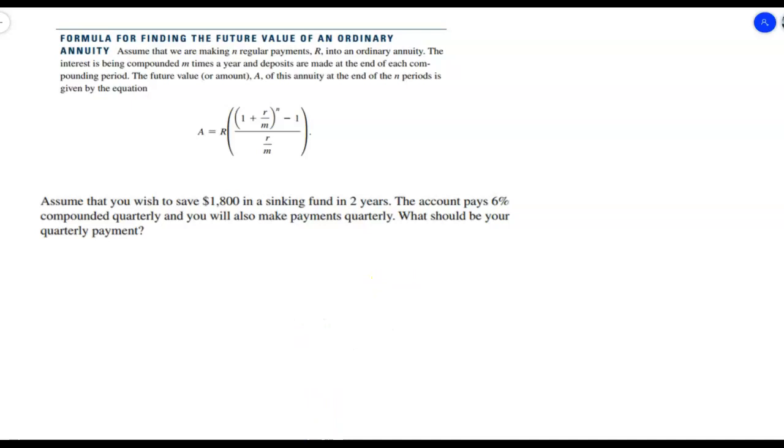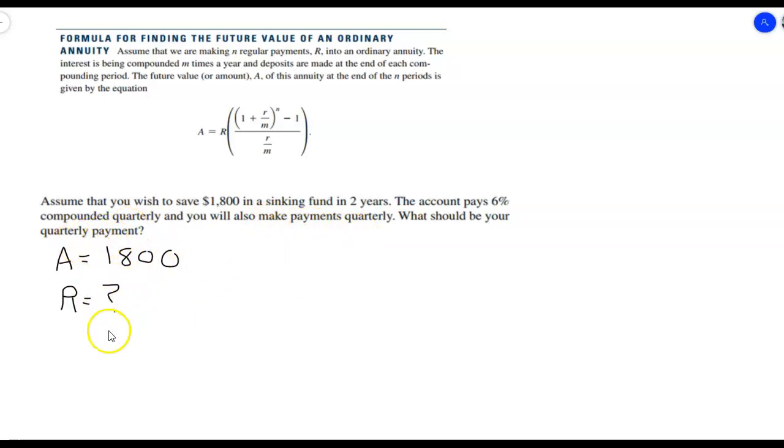Once again, what I like to do is start to identify everything. The A is the future value, and we want to save a total of $1,800, so that's our A. Our R is our payment, and we don't know what that is. That's what we're trying to figure out.